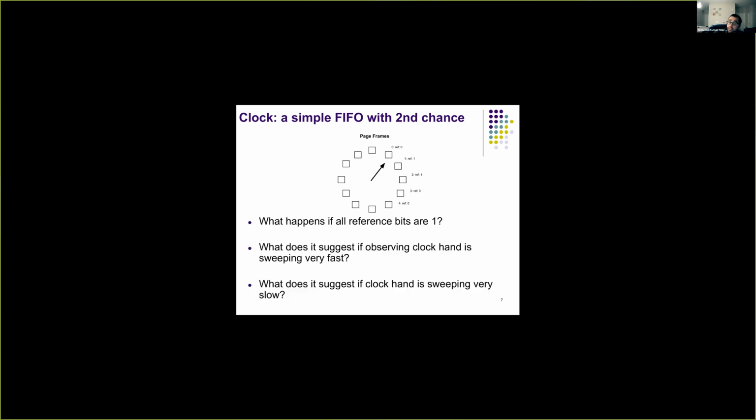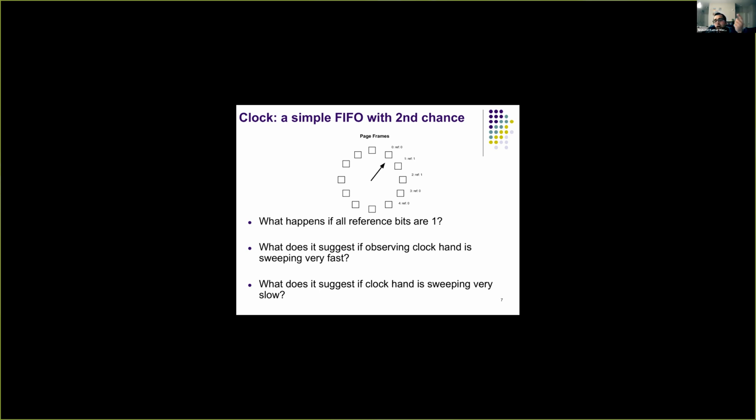So there are a few interesting questions in the clock-based FIFO algorithm. What happens if all the reference bits are 1? Note that as we move the clock hand, we actually reset the bit to 0. So if the reference bit is 1, we set the bit to 0 and move to the next page.